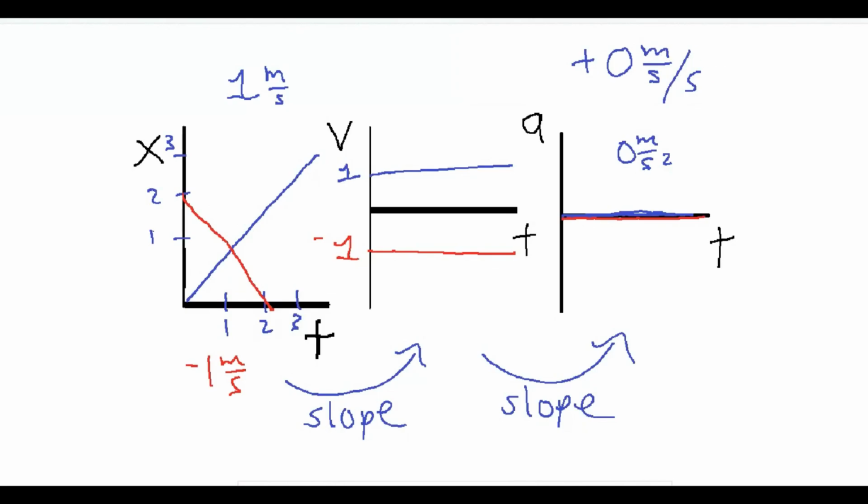All right, so to conclude our first little portion of the video, if we have any sort of straight line for our first graph, that means it is for sure going at a constant velocity because the slope or steepness of the slope remains constant.